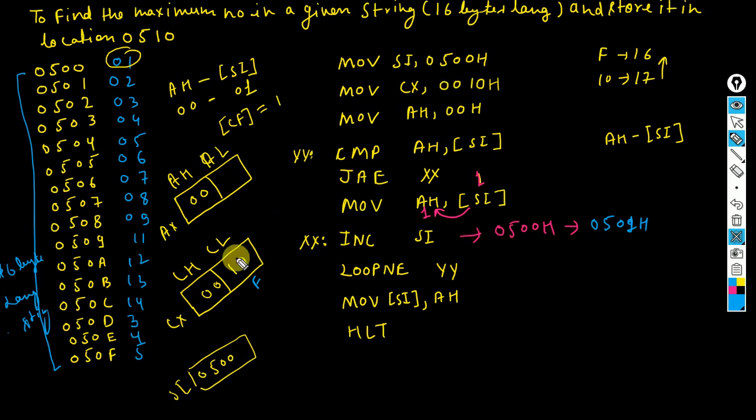Here our CX value is not 0, so LOOP moves the pointer to the mark label. YY is your mark label, your pointer moves to this label.